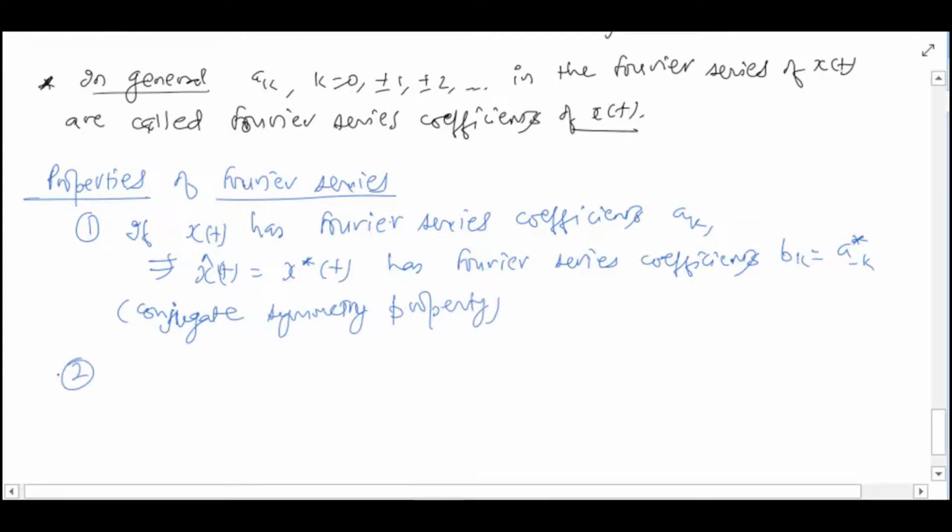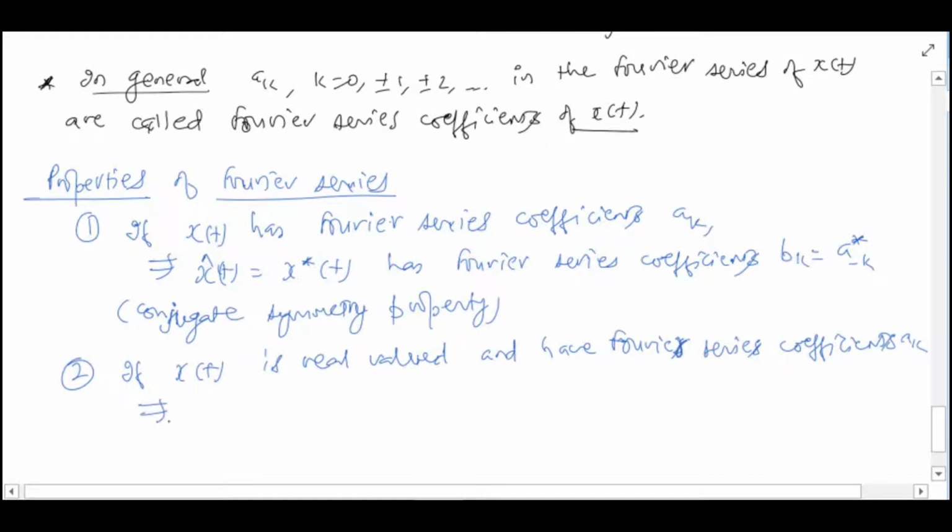The other property, which follows from the first one, says that if x(t) is real valued and has Fourier series coefficients a_k, then a_k is equal to a star minus k.